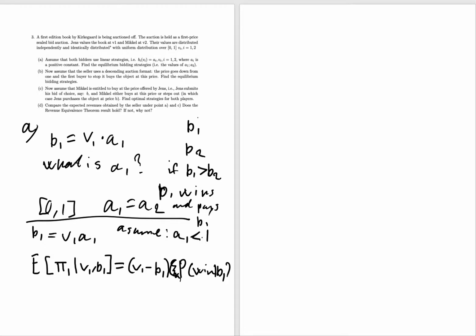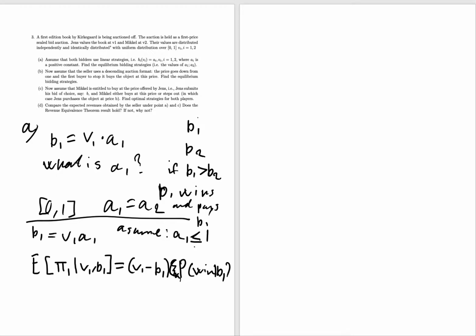But for me, this, and you could say less than or equal to, just means that we're talking about some kind of bid shading, which basically means that he is going to be bidding less than his true evaluation. He's not going to be bidding his true evaluation. He's not going to be bidding more.